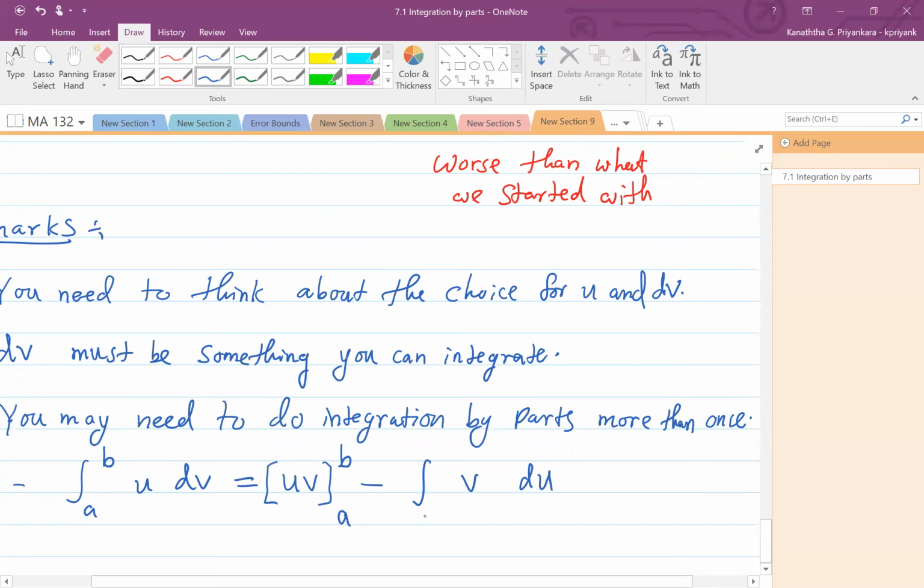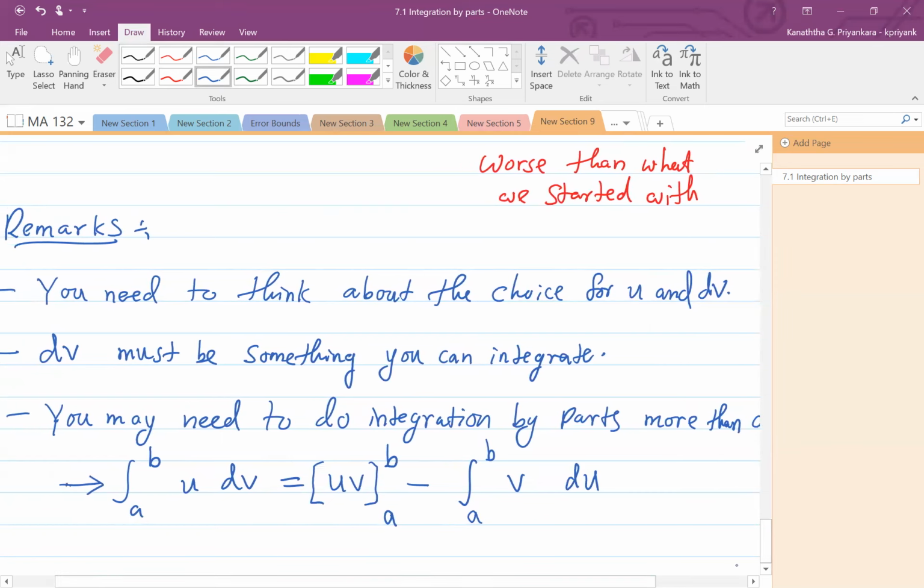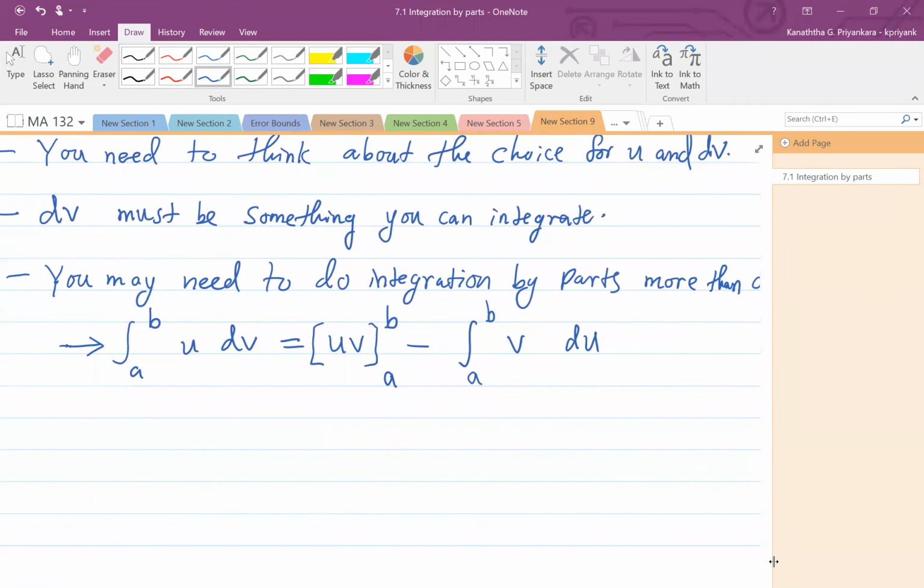Once you have this, you can integrate v du and then evaluate at x equals b and x equals a. That will give you the answer. So those are the 4 remarks that you need to know. Now I'm going to do some examples.